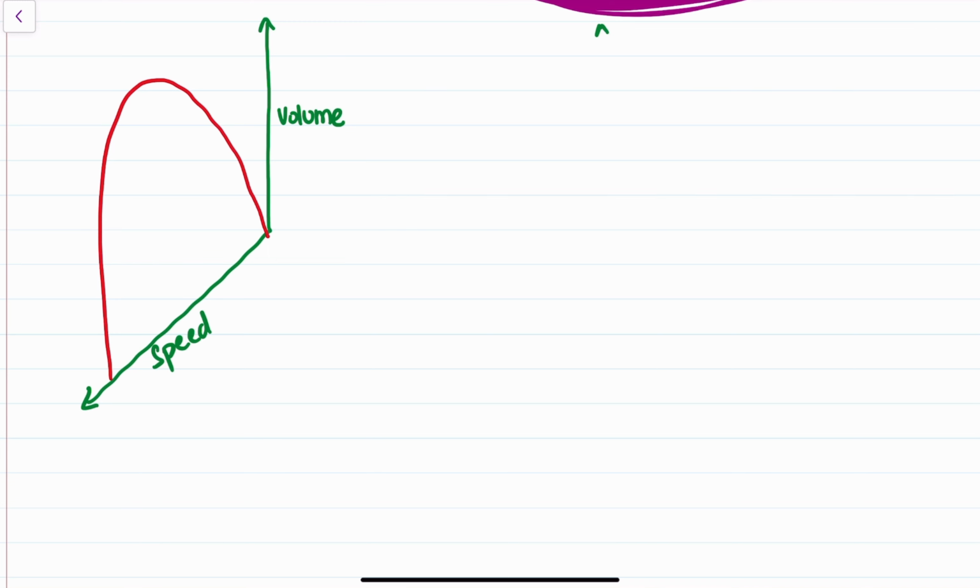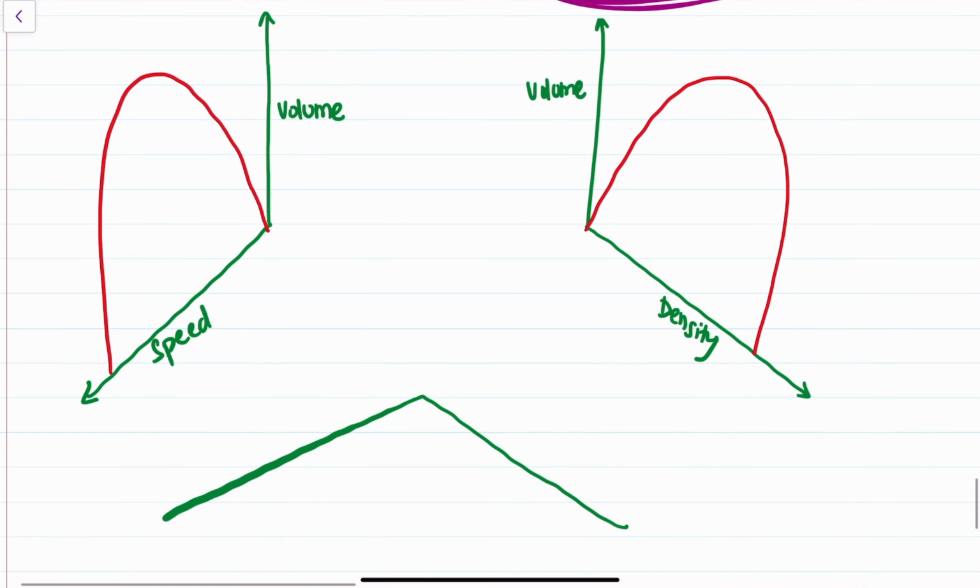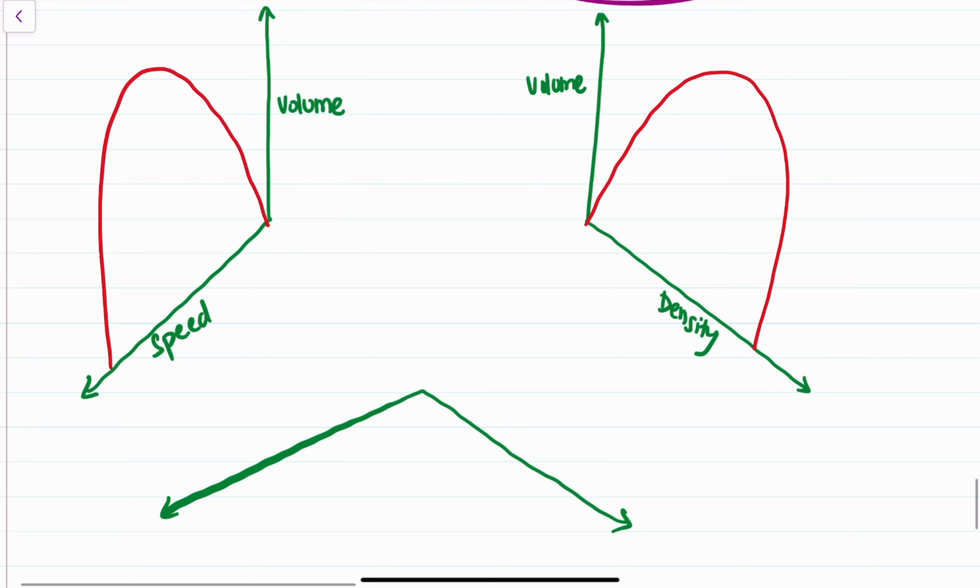We have traffic volume versus traffic density, and the graph is like this. And then we have speed versus density, and the relationship is somewhat linear.